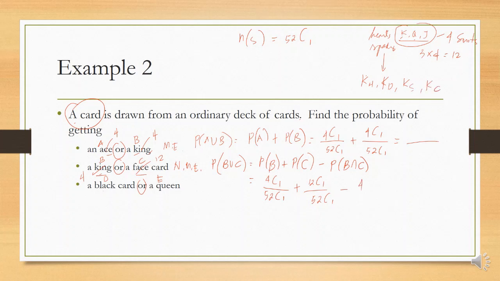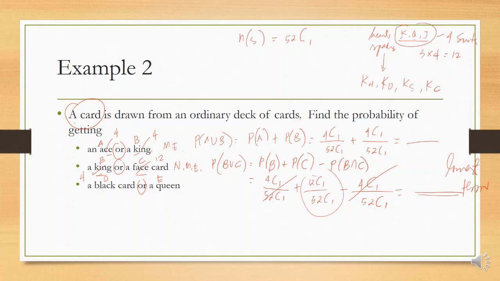So, this one is 4 combination 1 over, again, 52 combination 1. So, mapapansin nyo, no, magkakaroon ng cancellation doon. So, ito na lang yung matitira. You have to process it para lowest term. Okay? Remember, it should be lowest term ang answer.